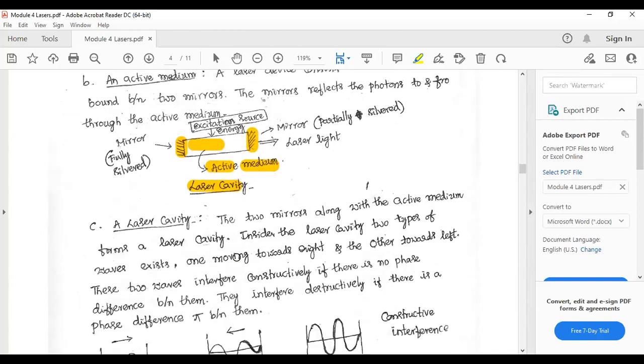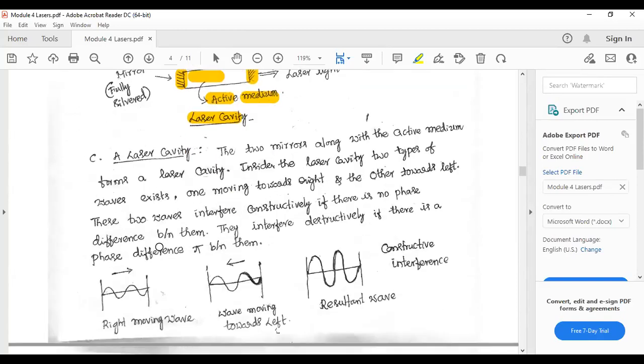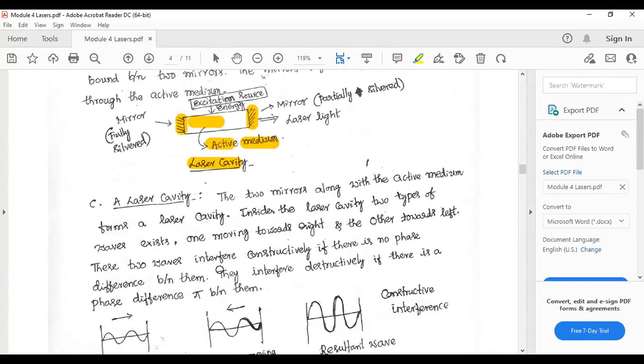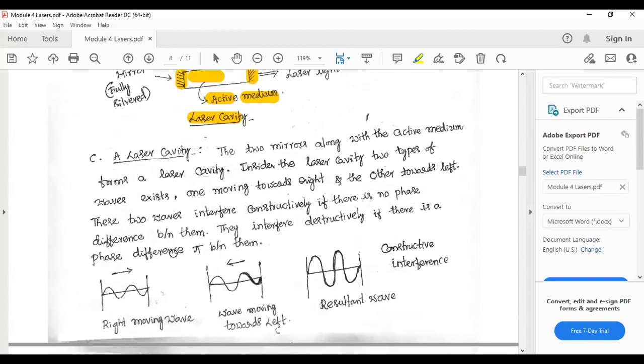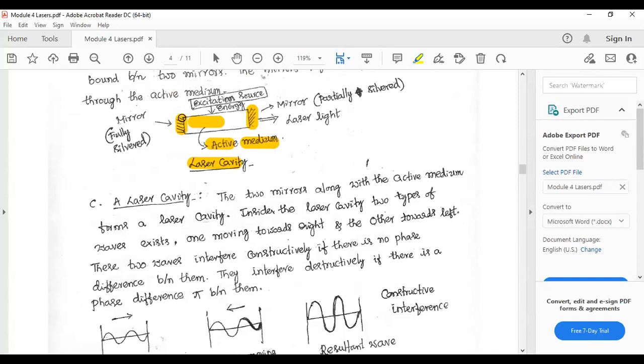The next thing is the laser cavity. Laser cavity is this envelope. The length of the laser cavity is designed according to this: you just see here, you have a mirror which is fully silvered at one end, and one more mirror which is partially silvered at the other end.